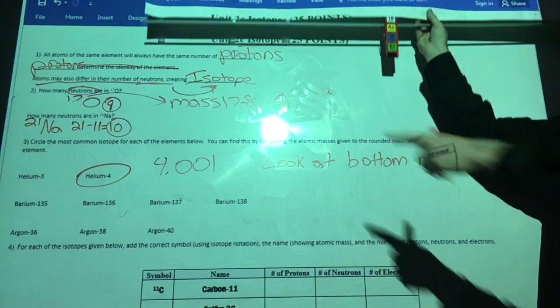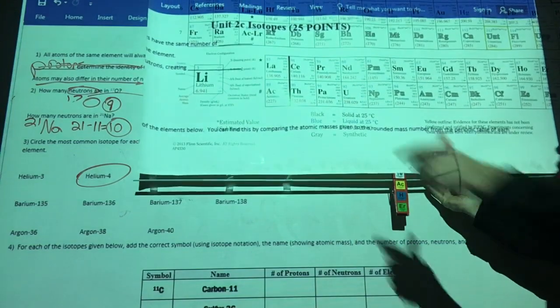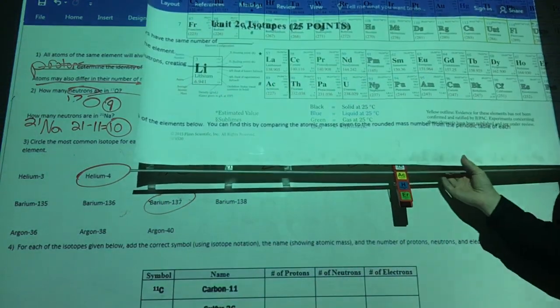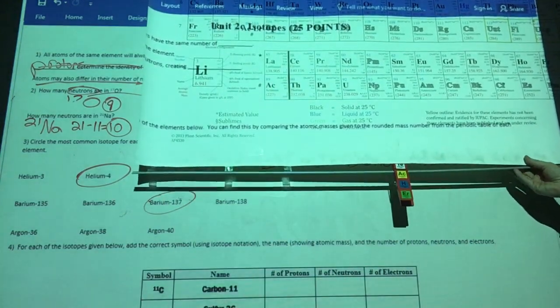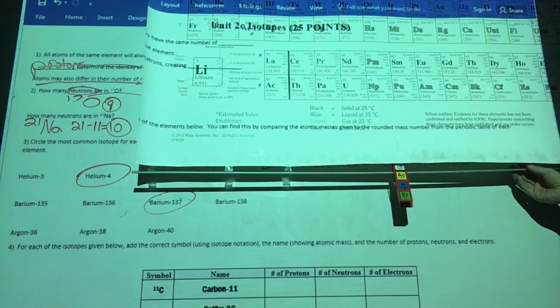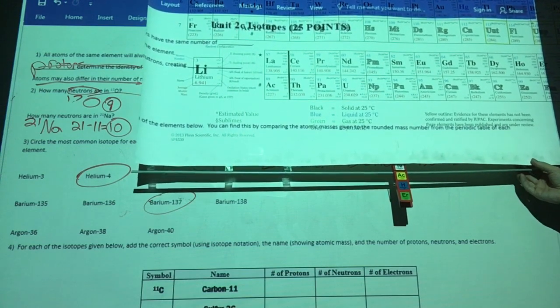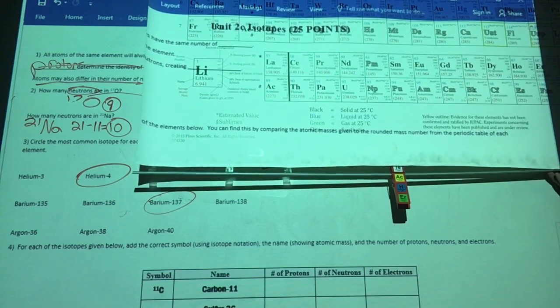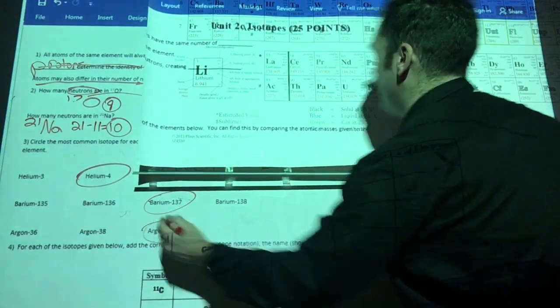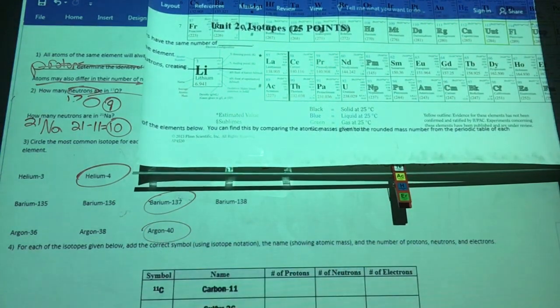Okay, so these I'll just put on some quick ones. Barium, just go with the closest mass, 137. And I debated putting this on, but it's so easy, and my AP students didn't know when I asked this question on their review test. So I'm just going to teach it. Then argon, go with the closest mass. Argon's 39.948.